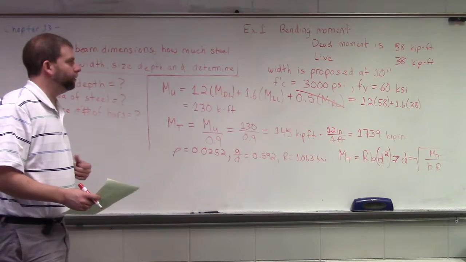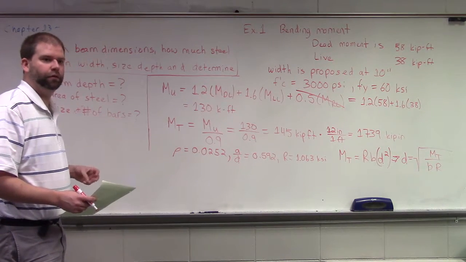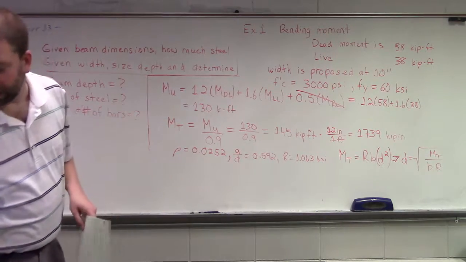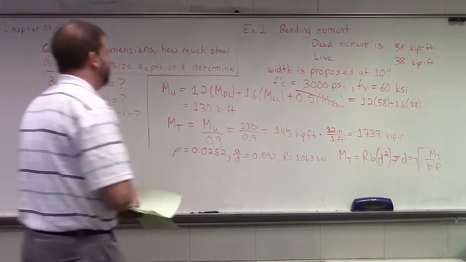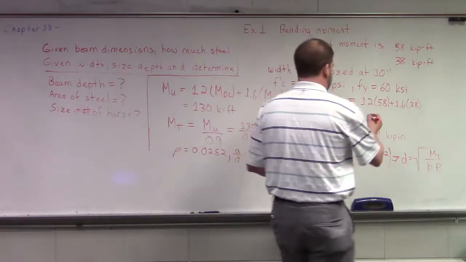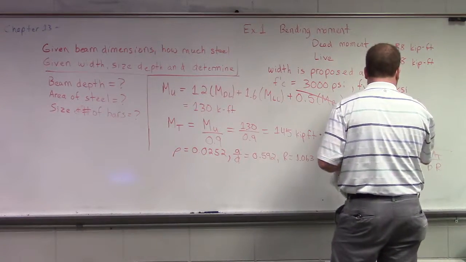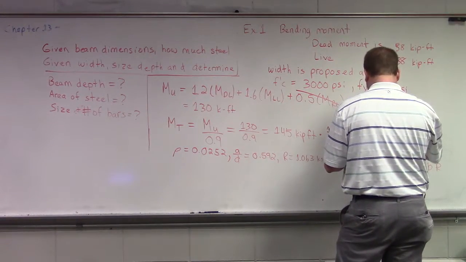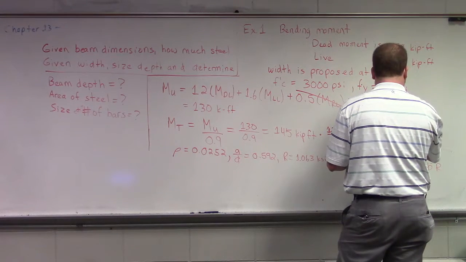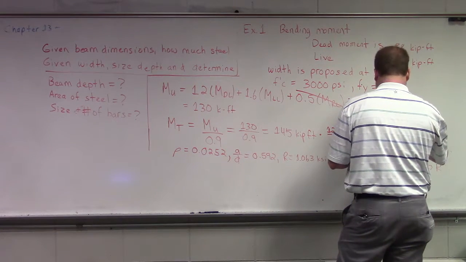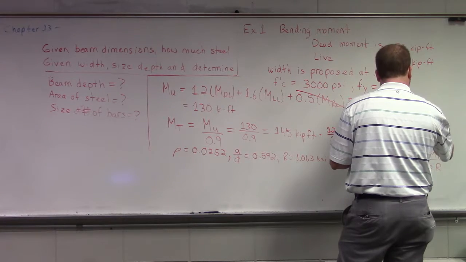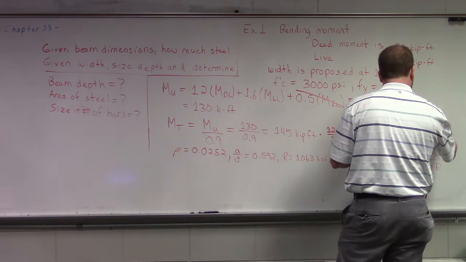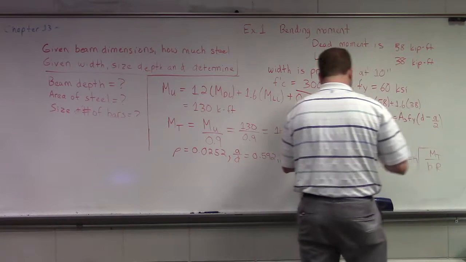I'm trying to figure out where you came up with MT equals that equation. So remember that when we said our general equation, MT equals T times D, as in A S F Y times D minus A over 2.